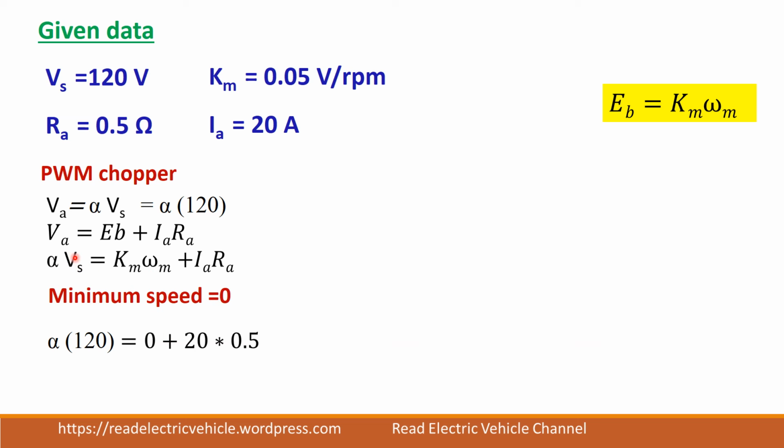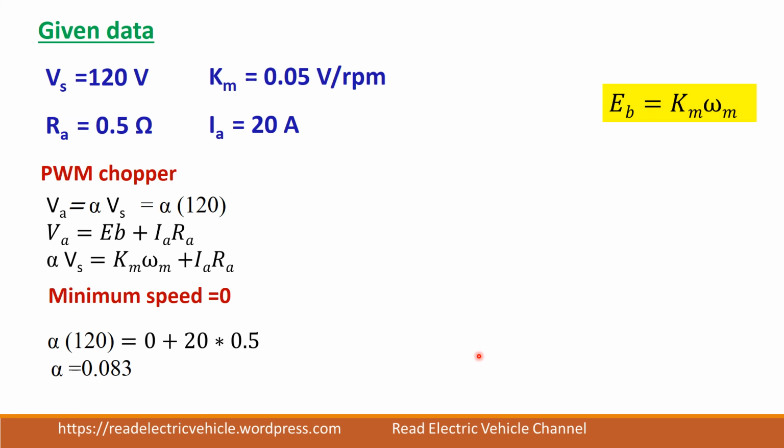So alpha into Vs, alpha we don't know, Vs we know it is 120. Speed is 0 because we are finding the alpha for minimum speed, so omega m I am taking as 0. So this term becomes 0 plus IARA. From this you will get the alpha value. So we got alpha for minimum speed.